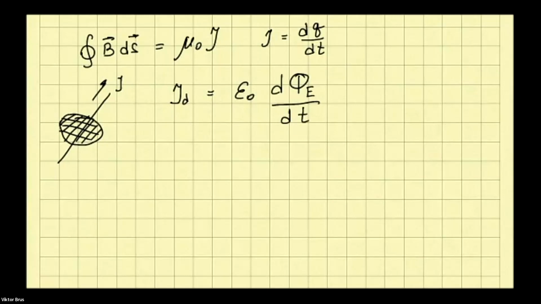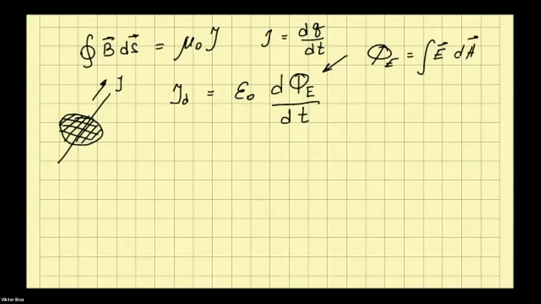So with this, we can write the general case for Ampere's law. But first of all, let us highlight that this Φ_E is the flux of electric field. So we remember from previous discussions, Φ_E is equal to the integral of the scalar product of electric field times dA vector.